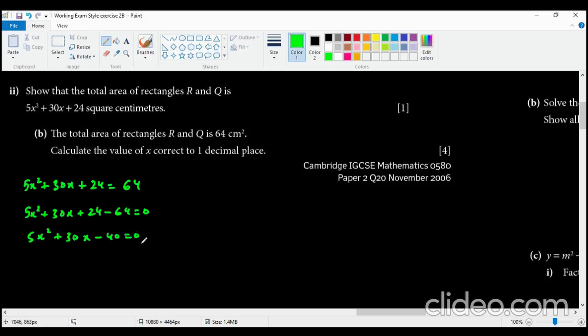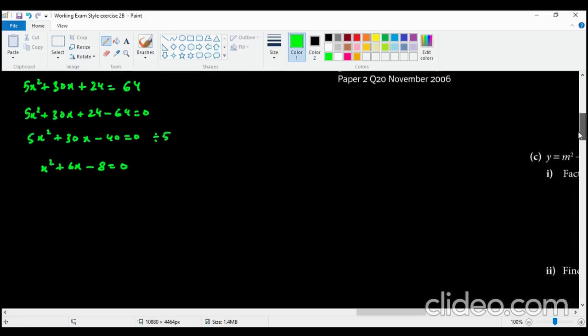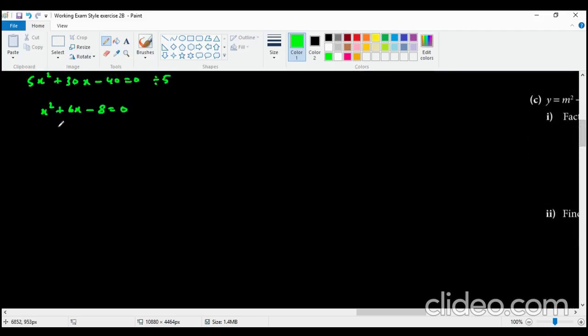Now we know very well that we can divide the whole thing by 5. Once we divide the whole thing by 5, we get x square plus 6x minus 8 equals 0. Now in here, I know very well I cannot factorize this, so I will use quadratic formula. A equals 1, B equals 6, and C equals negative 8.